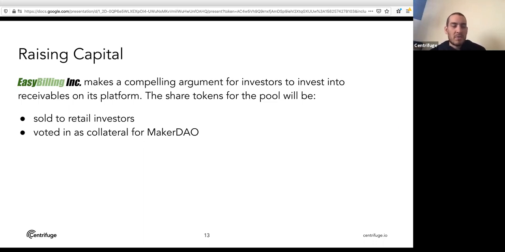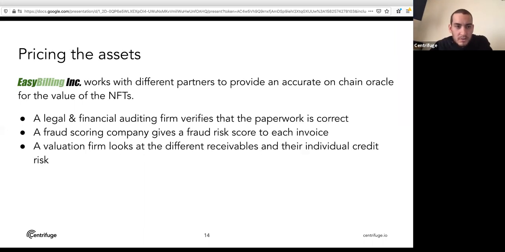Something else that Easy Billing wants to do is convince the Maker community that these drop tokens it's creating from the portfolio of invoices is good collateral for Maker, so that instead of selling these drop tokens to investors, it can deposit them in a vault and draw DAI from it to fund its suppliers. So Easy Billing will go through this process.